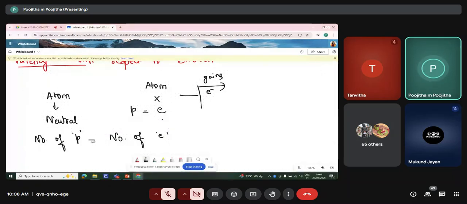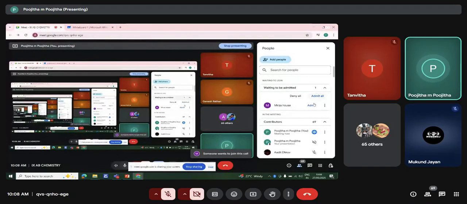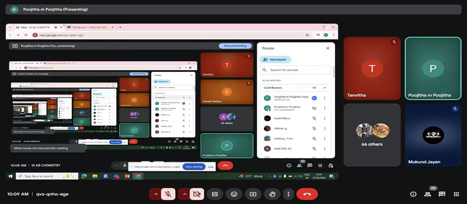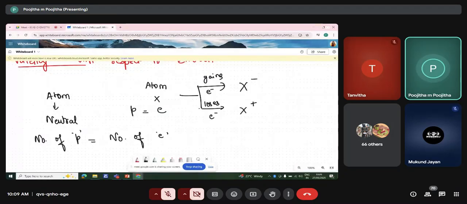The negative charge in an atom will increase, correct? The atom will acquire a negative charge. Similarly, if an atom loses electron, the number of protons will be more, so the atom will get a positive charge. These charged particles are called ions. So when is an ion formed? When an atom loses or gains electron.